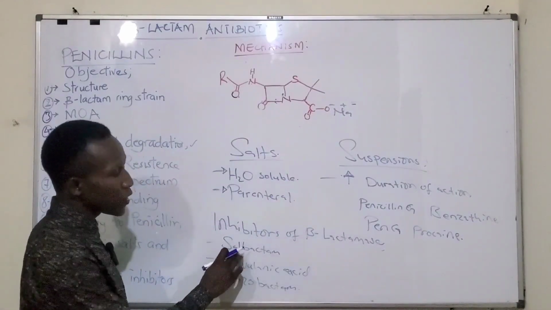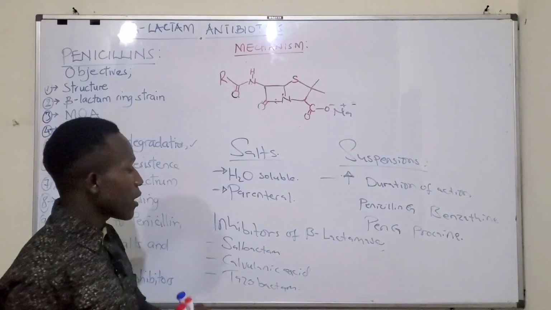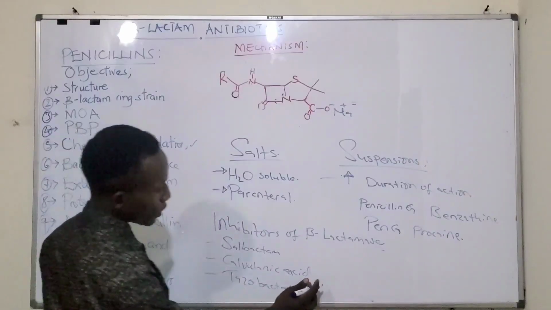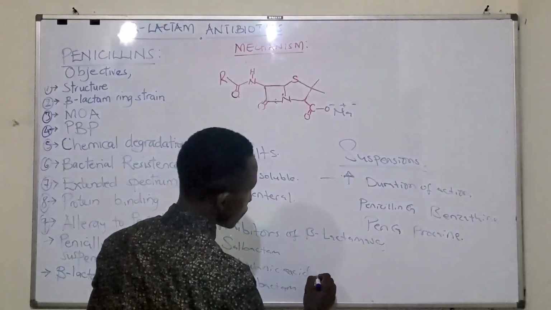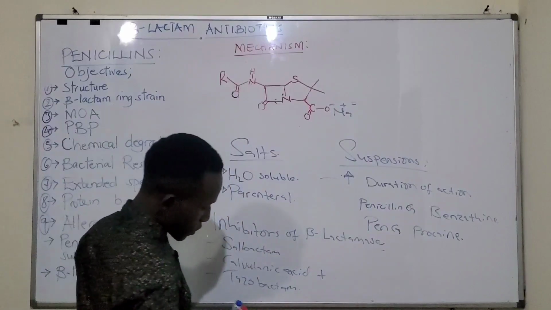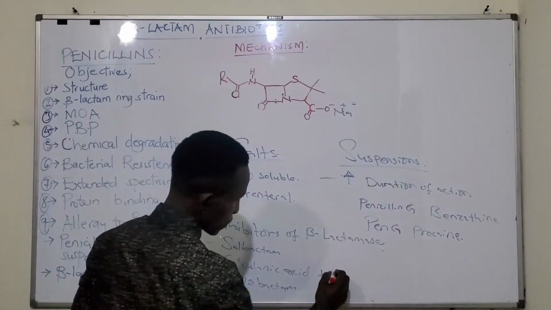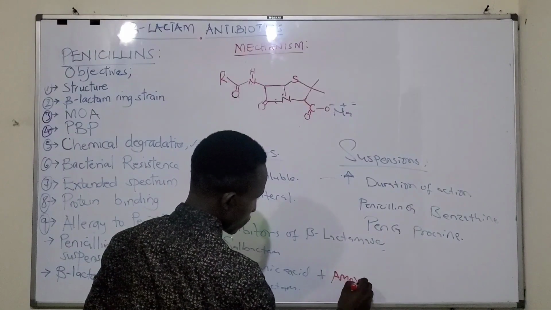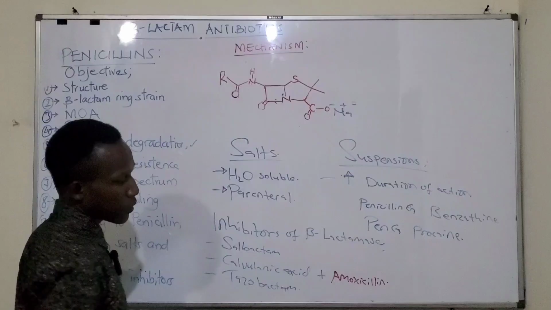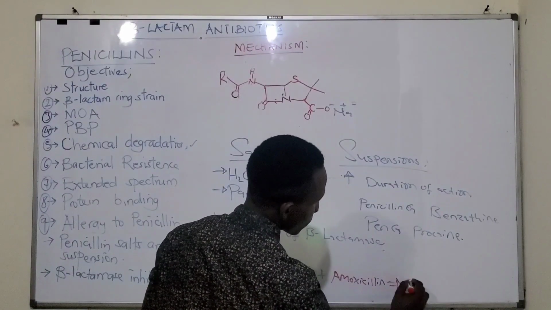Because they have little activity against the bacteria, but they can inhibit the beta-lactamases. For example, this clavulanic acid can be given with amoxicillin. So this one is marketed under the brand name Augmentin.